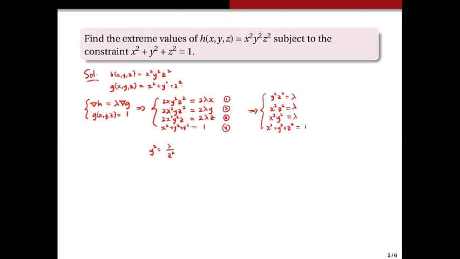And then we use the third equation that we have here. This implies we have x squared times lambda over z squared equal to lambda. And therefore, we'll just get x squared over z squared equals 1, or x squared equals z squared.